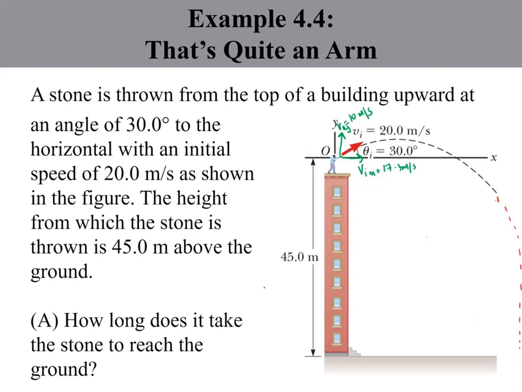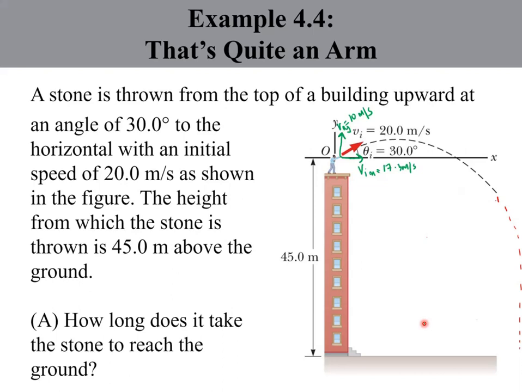Basically, we can solve it by using the y component, because the x component is only for keeping the stone moving forward. What caused the stone to fall down is gravity, which is in the y-axis.